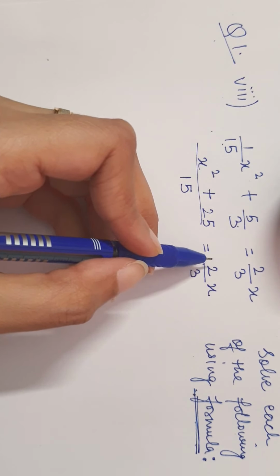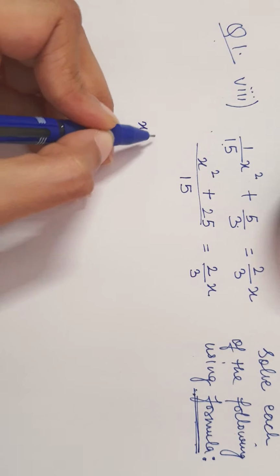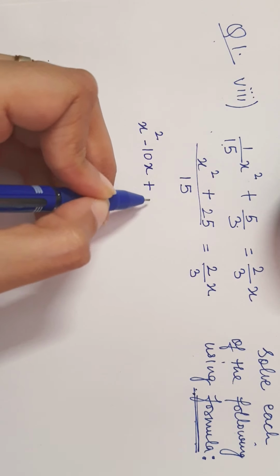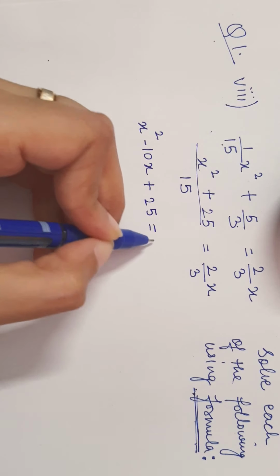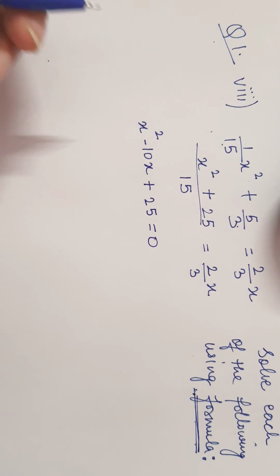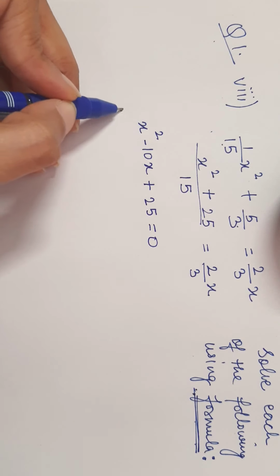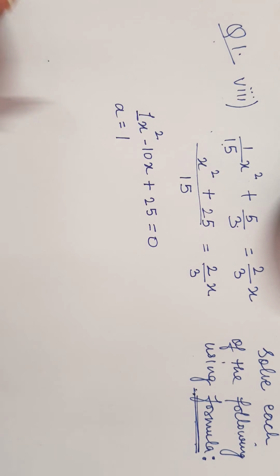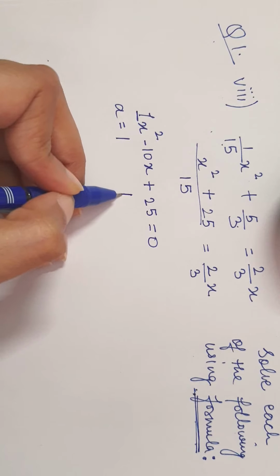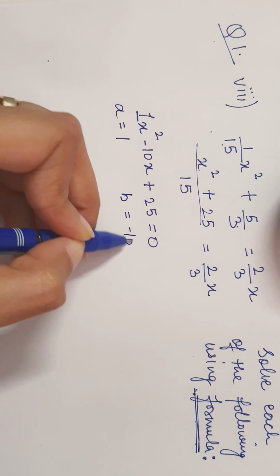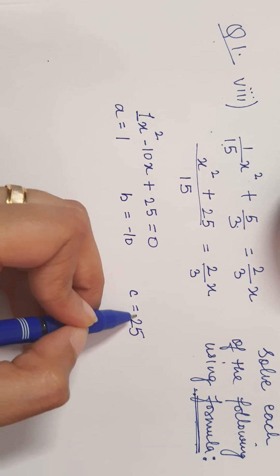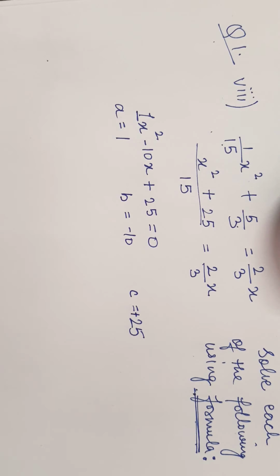Cross multiplying and solving, the standard form you finally get is this. So now the value of A is 1. As you can see, there is no coefficient, so by default it will be 1. B is minus 10 and C is 25 plus 25.